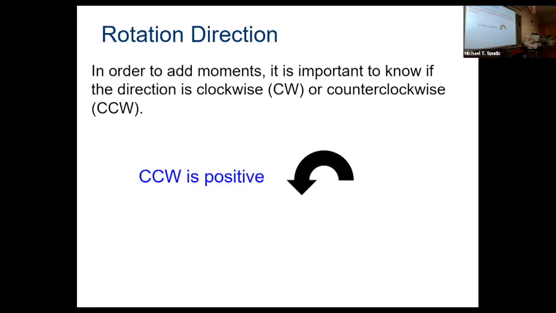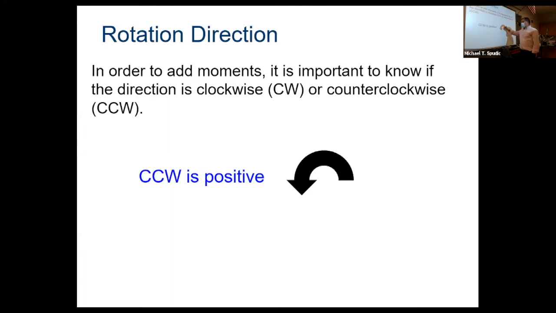Everybody put your hand on the screen and curl your fingers. It has to be your right hand, because it's called the right hand rule, not the left hand rule.